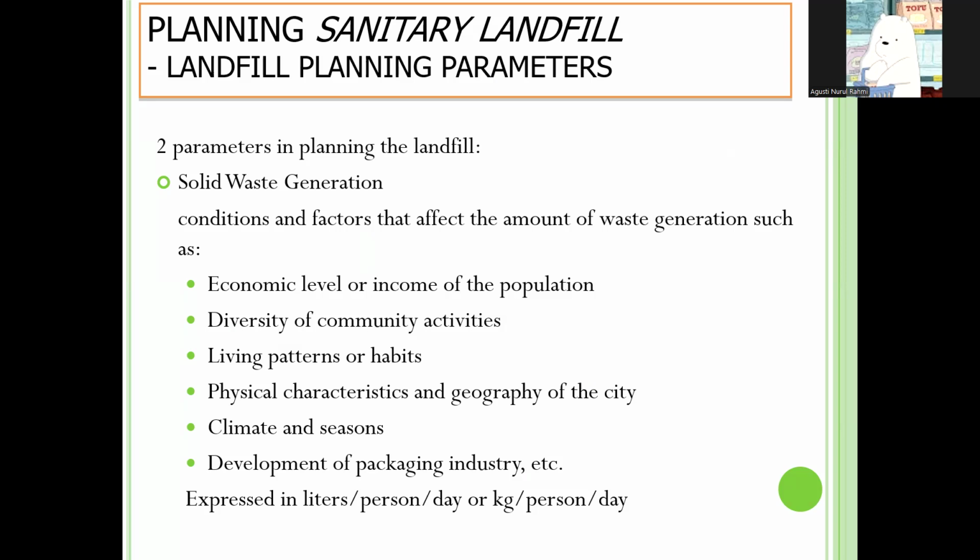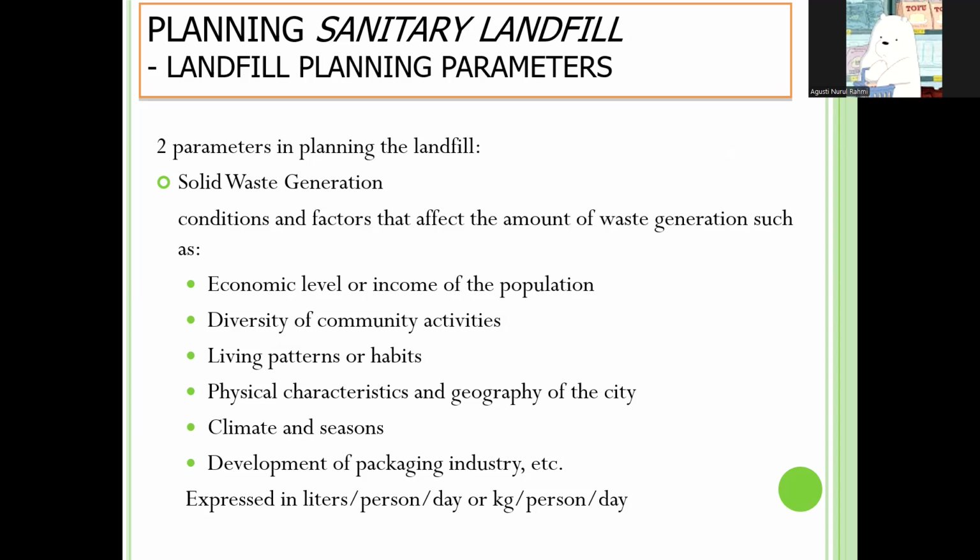The first one is solid waste generation, where the conditions and factors that affect the amount of waste generation, such as economic level or income of the population, diversity of community activities, living patterns or habits, physical characteristics and geography of the city, climate and seasons, development of packaging industry and etc. And this is expressed in liters per person per day or kilogram per person per day.